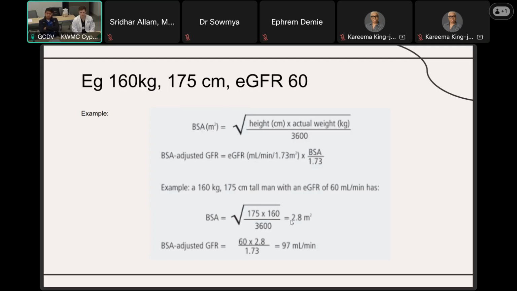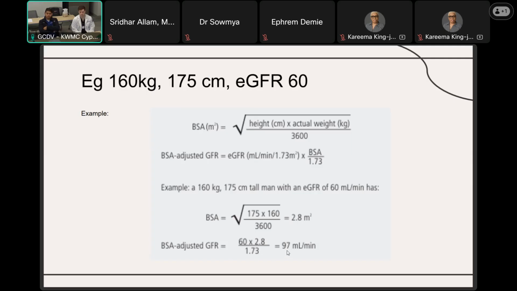Now we know the GFR is 60 milliliters per minute per 1.73 meters square. So when we normalize it for this person's body surface area, the BSA adjusted GFR will be estimated GFR divided by 1.73 multiplied by the patient's body surface area. Make sense so far? So when you calculate this, it will be 60 times 2.8 divided by 1.73, and the GFR calculates at 97.